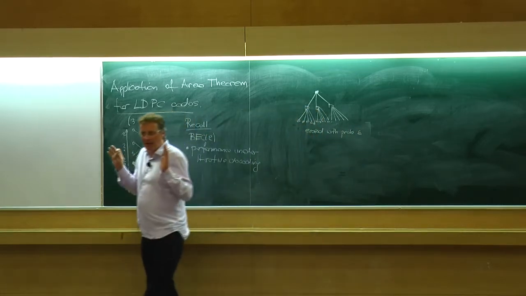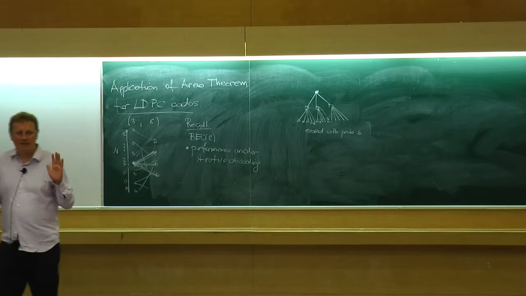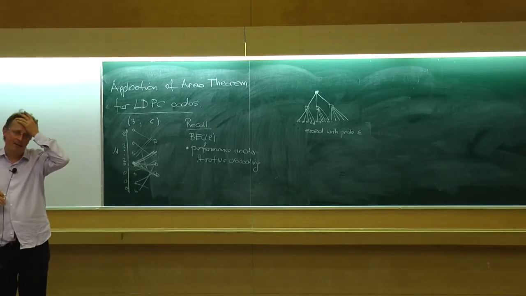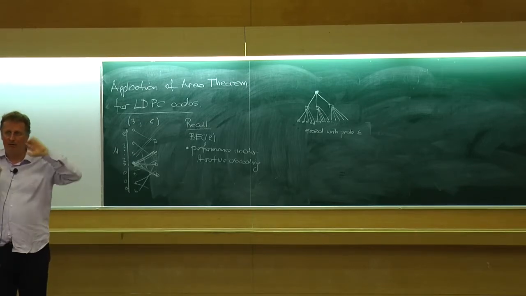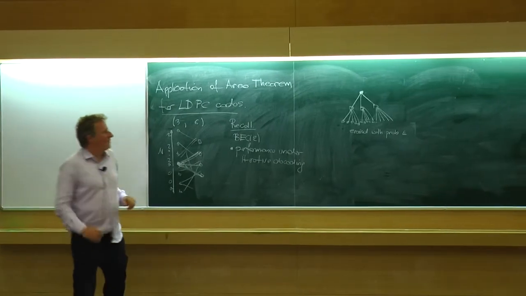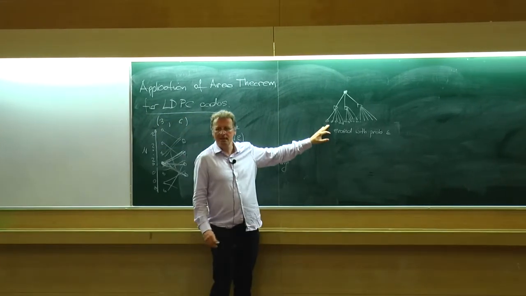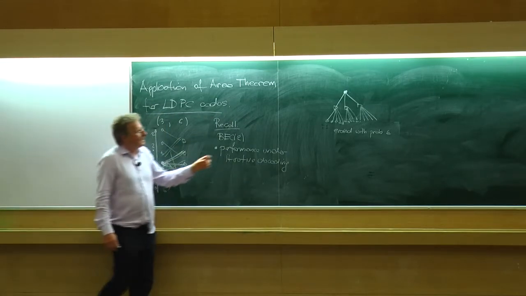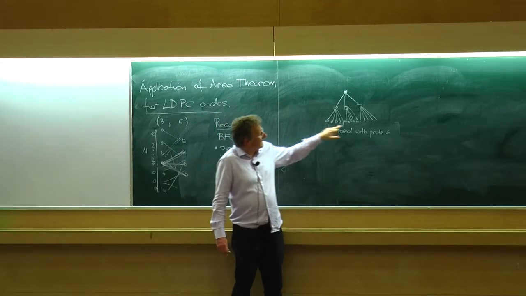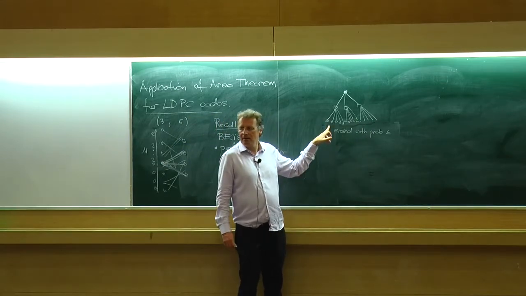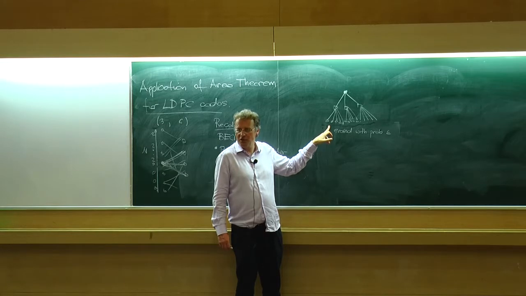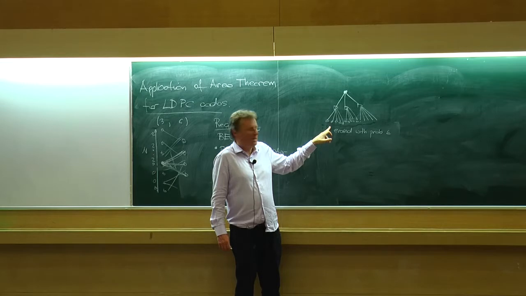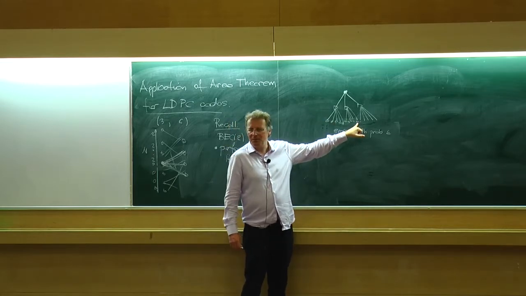If I'm thinking of a fixed number of iterations, and I'm thinking of this tree becoming large, then the probability that all these bits here are different bits, that there are no repetitions in these computation trees, goes to 1. Is that clear? So it won't be that this bit is this bit with any positive probability.